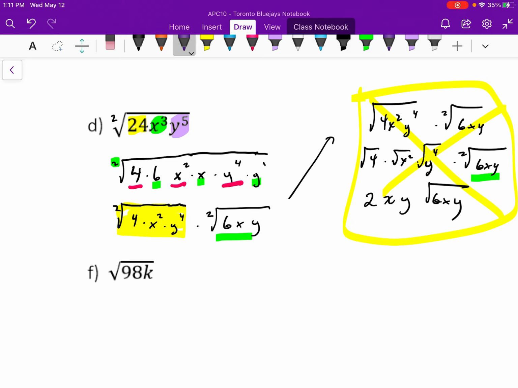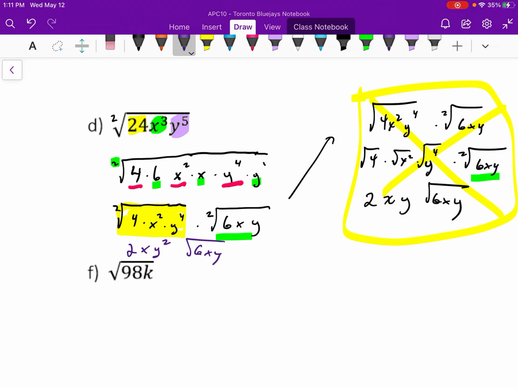On the right-hand side, I carried on my work, but I can simply write 2xy squared, taking the square root of them all in one go, and I will end up with the same answer. It's your choice which way you like.